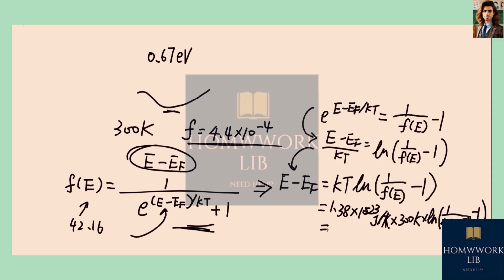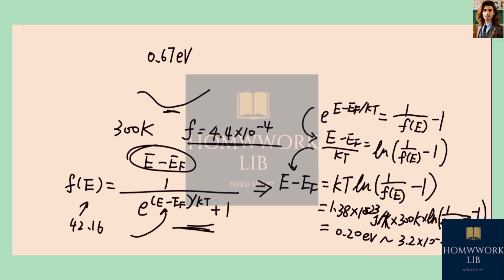This gives us 0.20 electronvolts. Or if you calculate in terms of joules, you'll get 3.2 times 10 to the negative 20 joules, but that is 0.2 electronvolts.